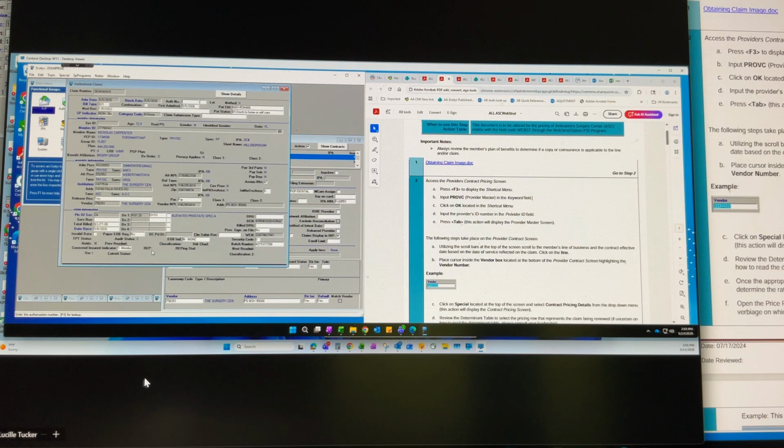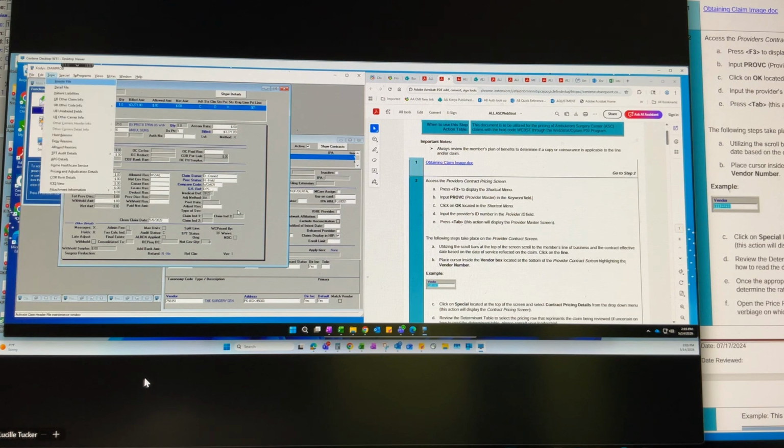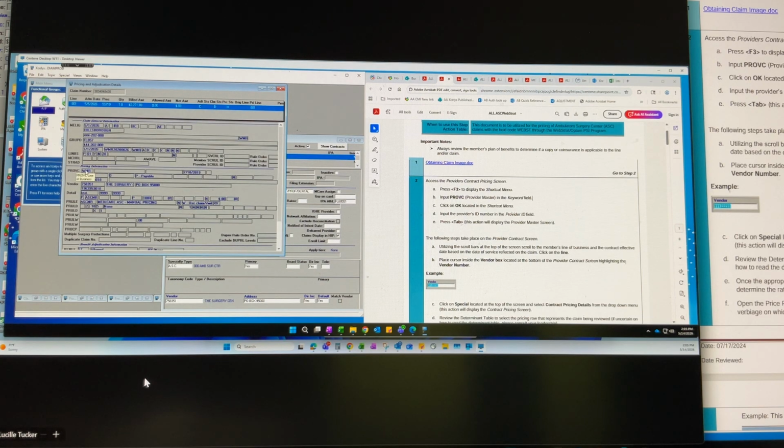And I want to look at my pricing and adjudication details to see, okay, my claim is pulling the WMR price, institutional 9999. And it's ASCMR, so this is ASC manual pricing.